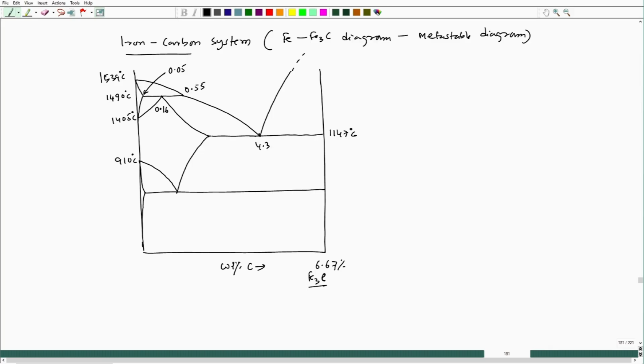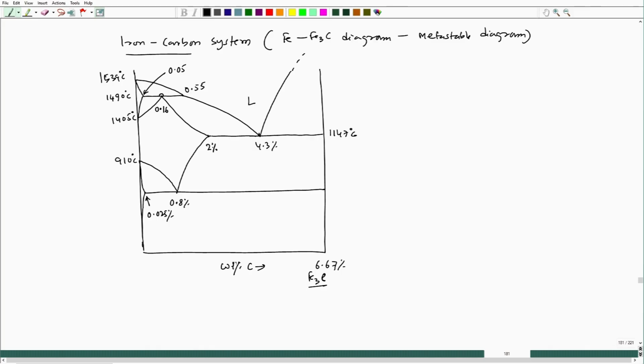This is 4.3 weight percent carbon, this is around 2 weight percent carbon, this is 0.8 weight percent carbon and this point is around 0.025 percent carbon. So, this is typical phase diagram we observe and this is liquid.